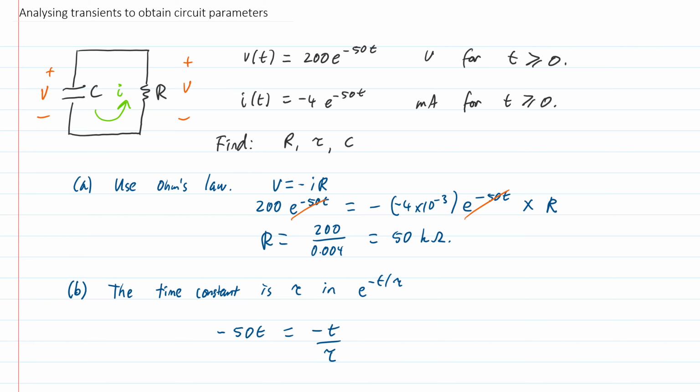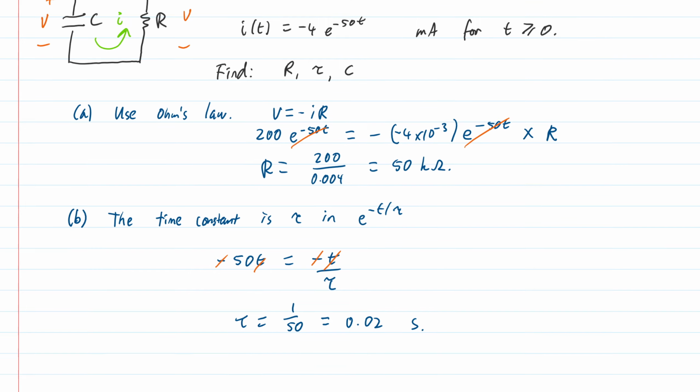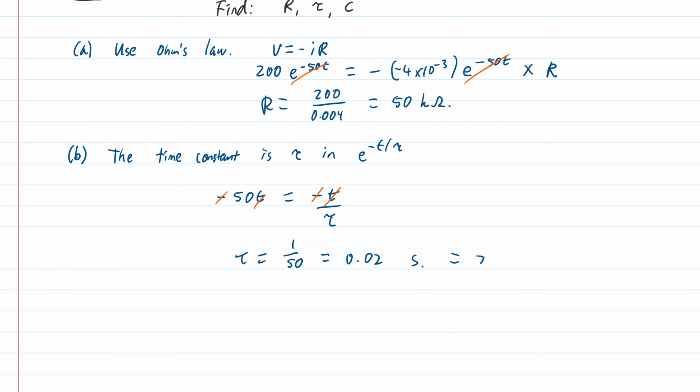So we solve for the value of tau. Bringing that to the other side, the t's cancel, the negatives cancel, and I have tau is 1 over 50, which is 0.02 seconds, basically 20 milliseconds.